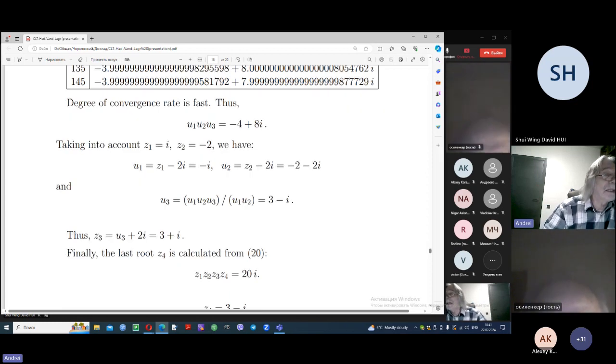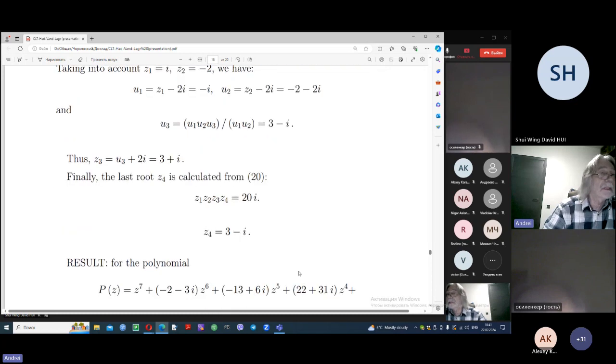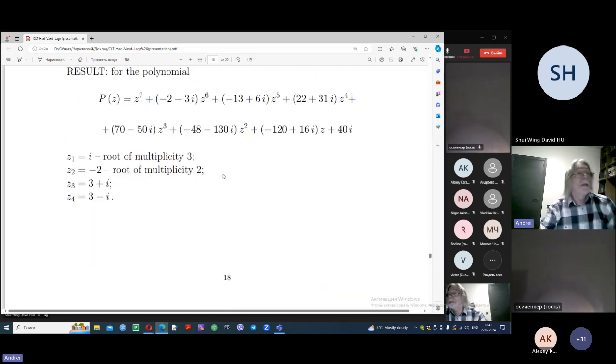And finally, this fourth root can be calculated in this way. The product is known, the three roots are known, the first one is also known. So as you see, by means of the result presented, we have calculated the roots and the multiplicities of this polynomial.